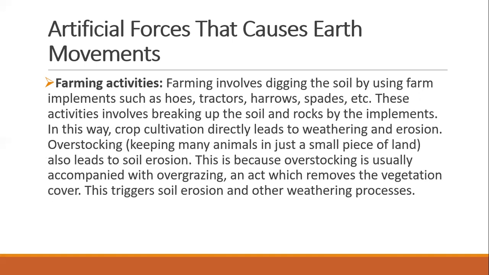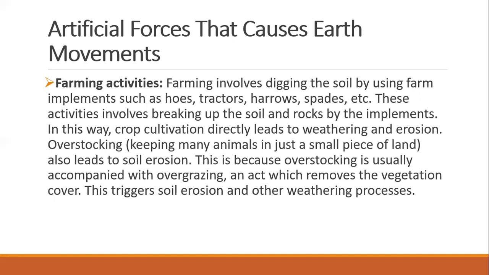Farming involves digging the soil by using farm implements such as hoes, tractors, harrows, spades, etc. This activity involves breaking up the soil and rocks with the implements. In this way, crop cultivation directly leads to weathering and erosion.